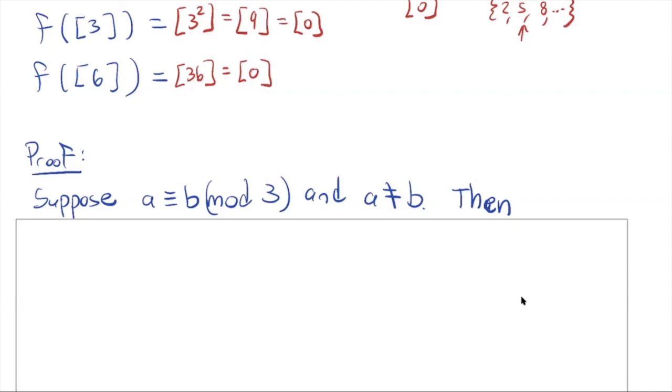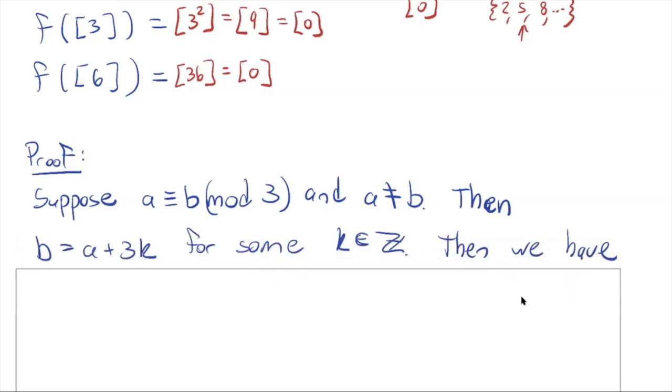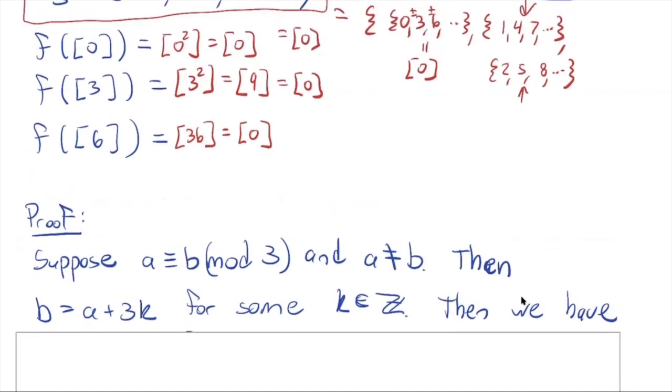One way to re-express the fact that these two things are in the same equivalence class mod 3 would be to say that A and B differ by a multiple of 3. And you can see that's true for all of these values up here. Add 3, add 3, add 3, and so on. So if two things are in the same equivalence class, when the equivalence relation is mod 3, then they differ by something which is a multiple of 3.